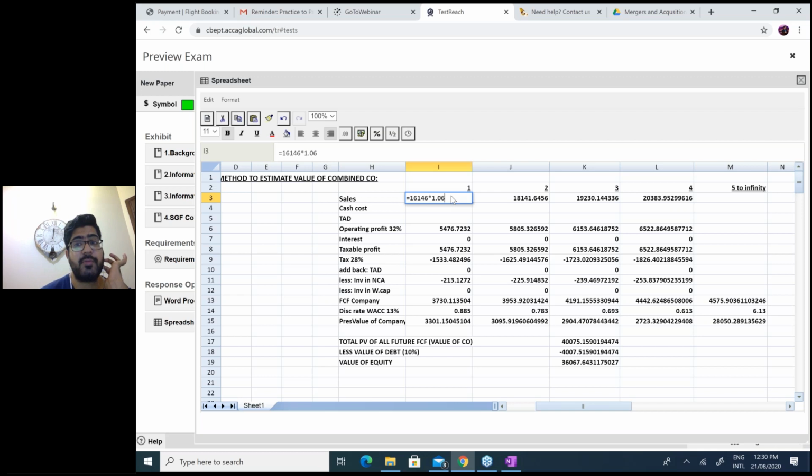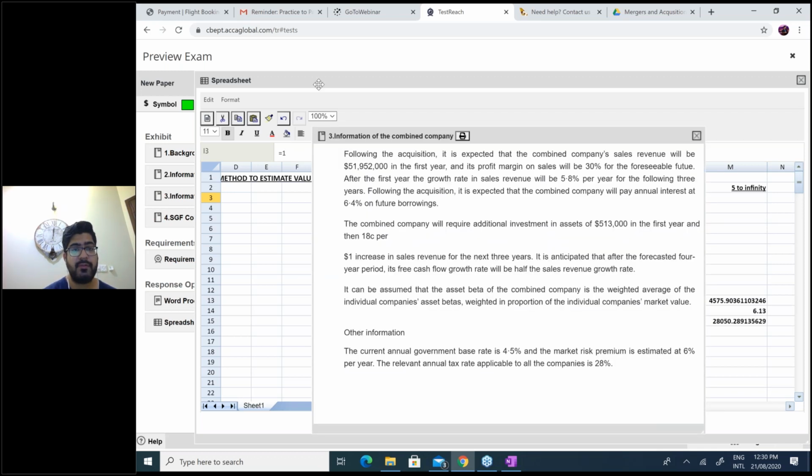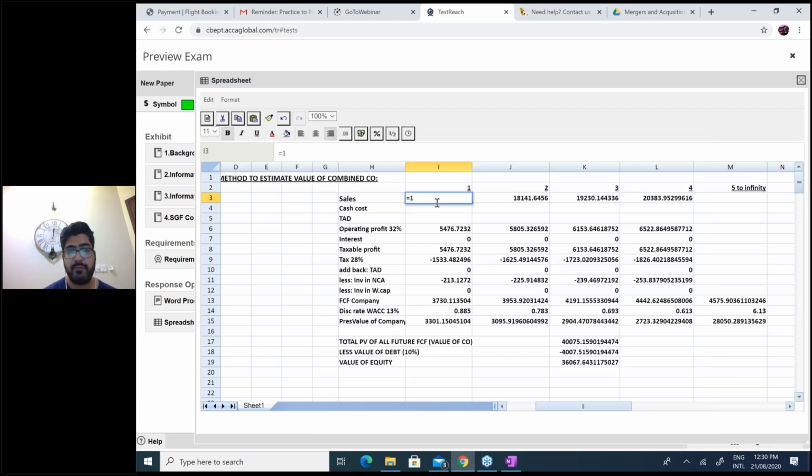Now I need to take the information about the combined company. So the combined company's revenue is 51952. So I wrote 51952 in the first year.